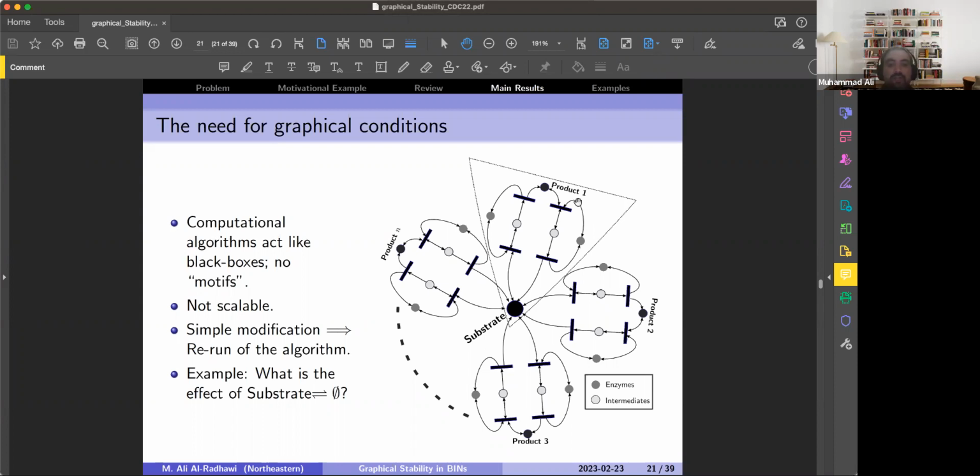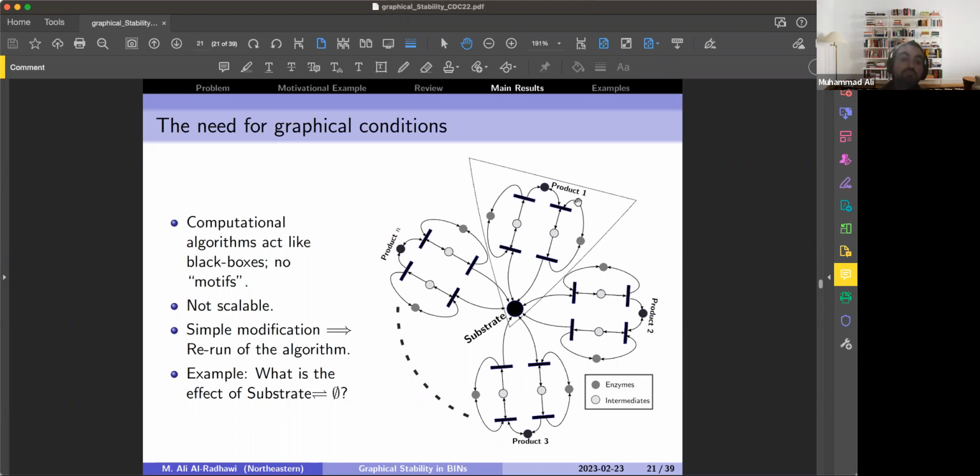If we want to use the computational algorithms that I talked about, first, you cannot use them for an arbitrary n. You need to specify the network precisely for such methods to work. Second, you don't know why the method is working, even if you can figure it out.